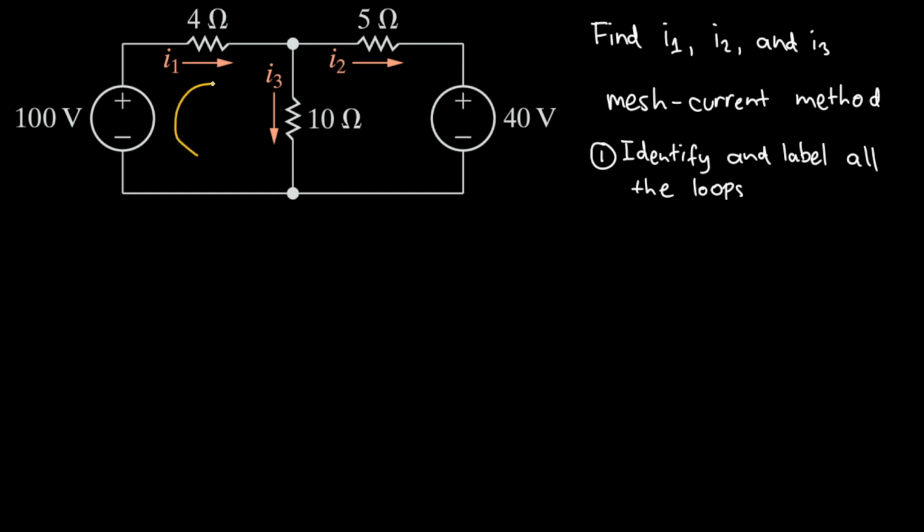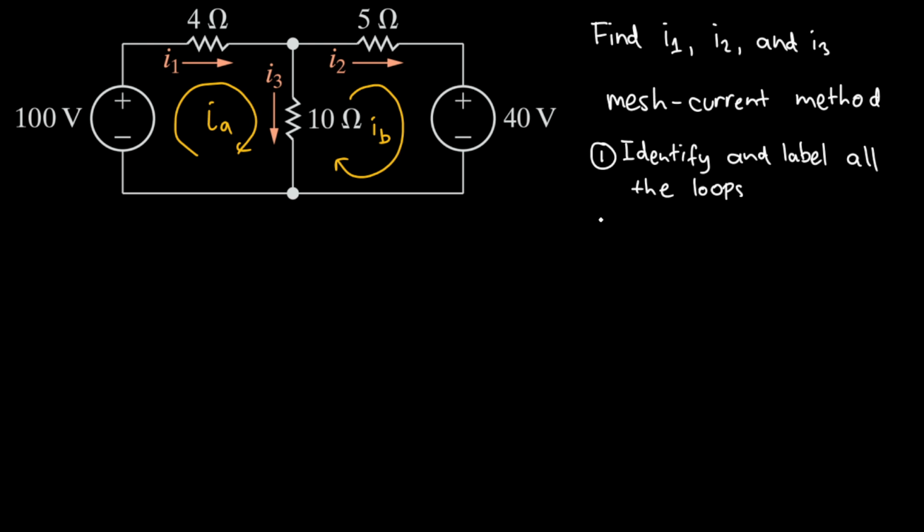We have this one here, the first one, and let's name this loop IA. And then let's name another loop here. We have IB. Good, so we have only two loops in this circuit, IA and IB.